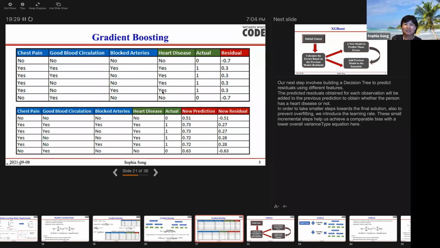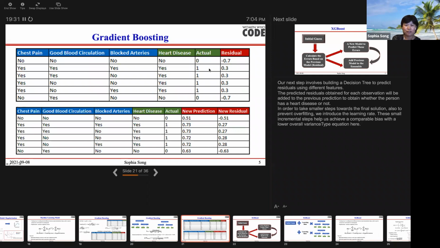For this person, the first guess is 0.7, right? However, now the probability is 0.73. Their actual value is 1, right? So the new prediction is closer compared to 0.7.